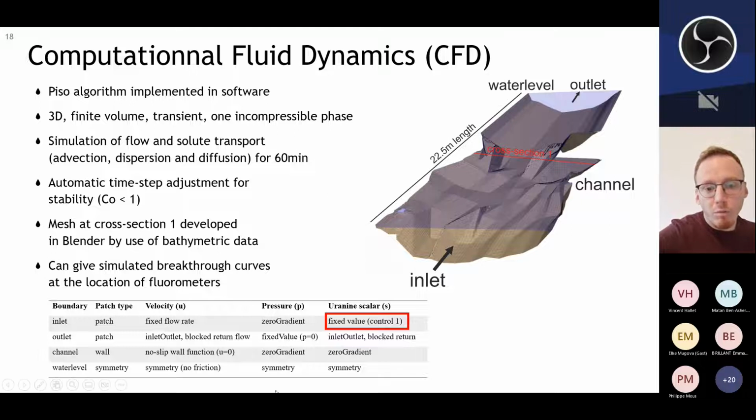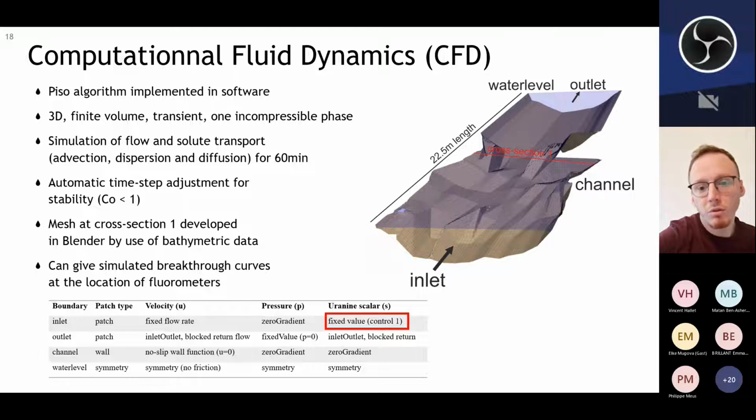On the lower part of the screen, you have the boundary conditions. There is only one that I want to point out, which is the one for the scalar, for the inlet boundary. The scalar is for the concentration of uranine. So for the inlet boundary, which is here, I used the control fluorometer.